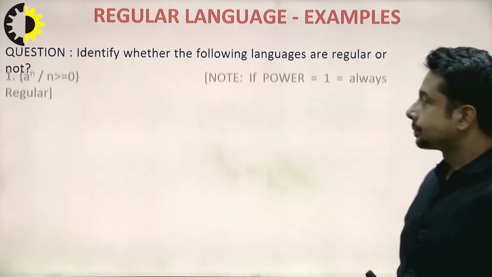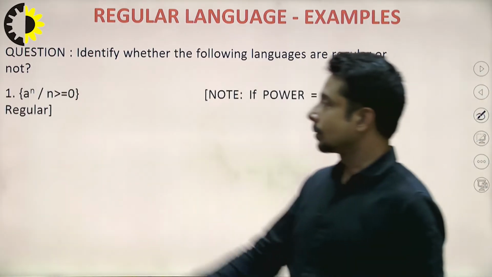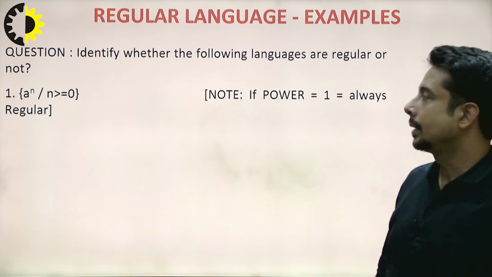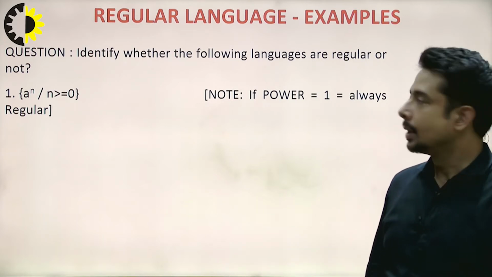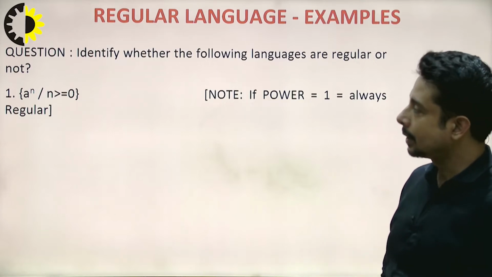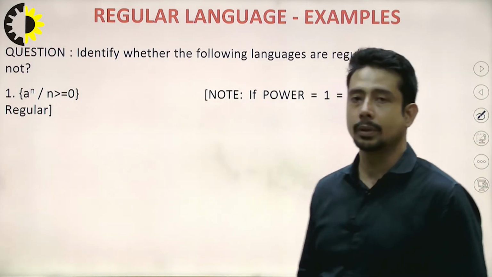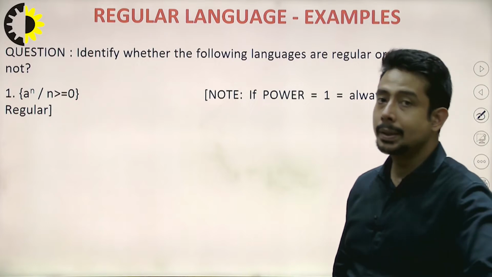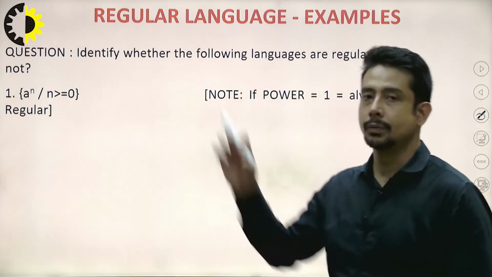Okay. Now I have given one particular question, number 1: a to the power n, where n is greater than or equal to 0. Let us look into this language and try to understand whether we will be able to design a finite state machine for it or not.